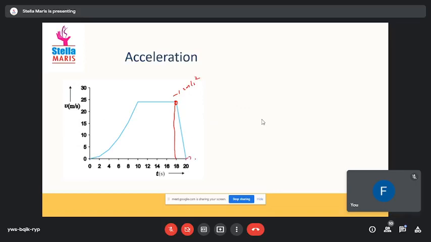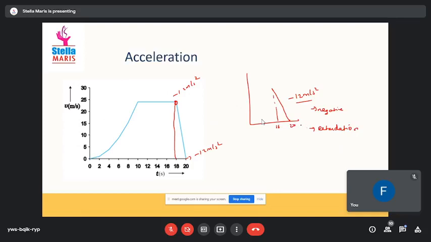And here also the instantaneous acceleration will be minus 12 meter per second squared. So from 18 to 20, this is 20, this is 18, it is constant, minus 12 meter per second squared. So we can say it is a negative acceleration. The other word is called as what? Retardation. Negative acceleration we can say, or retardation we can say.